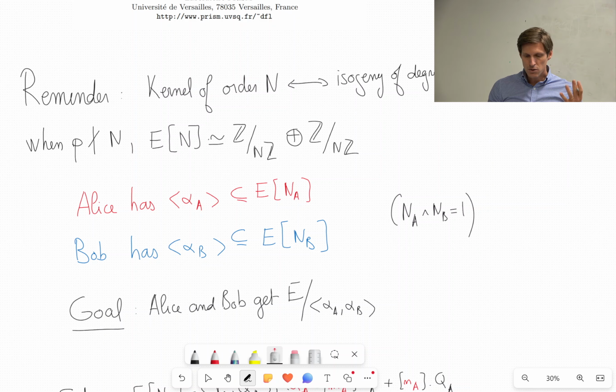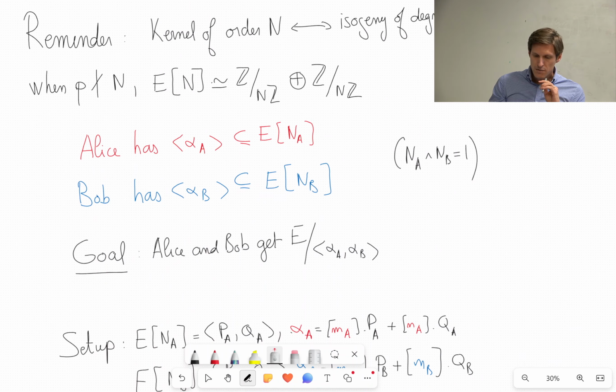If N_A is a number that is coprime to N_B, Alice will choose an element of order N_A, and Bob is going to choose an element of order N_B, and that gives them both secret kernels. And with those two kernels, they can define isogenies that are pointing in different directions in the isogeny graph. And the goal would be to get the isogeny that corresponds to the kernel that is the group generated by both of these elements.